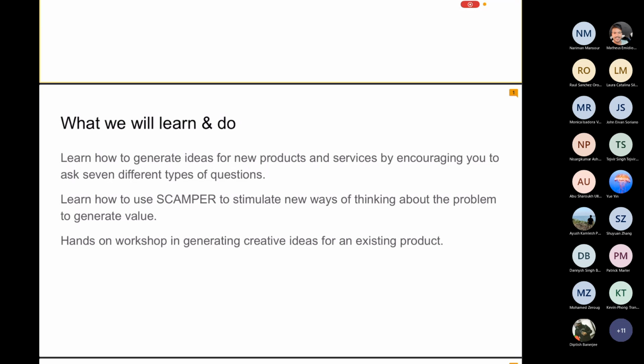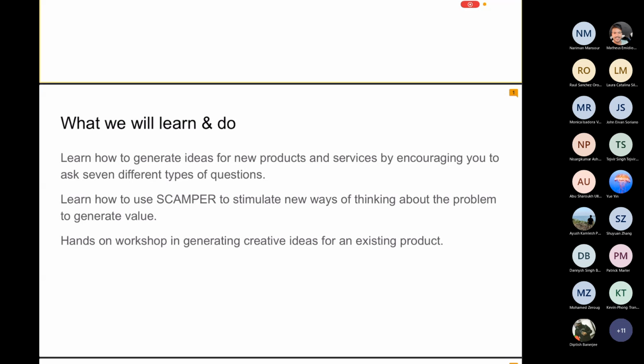It's a very simple method, and it's about asking the right questions, and there is no right or wrong answer. So the idea is that you put everything that you can think of, no judgment. And after that, you start to filter them and think about it.